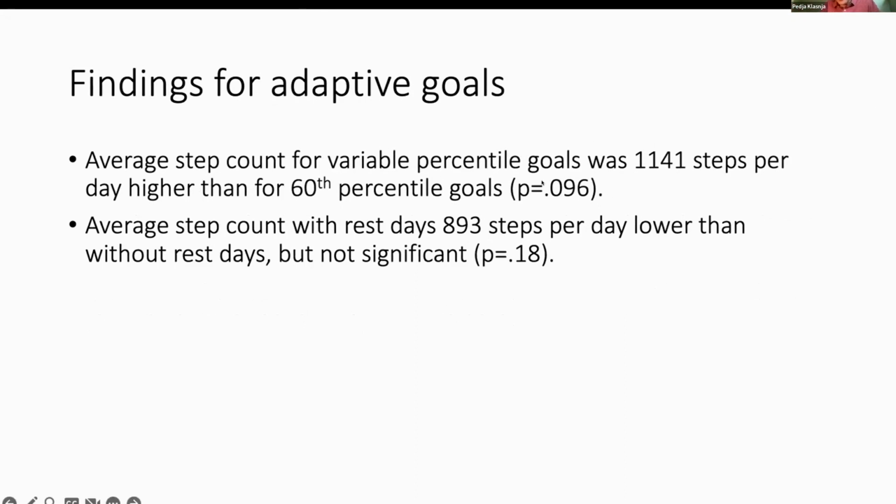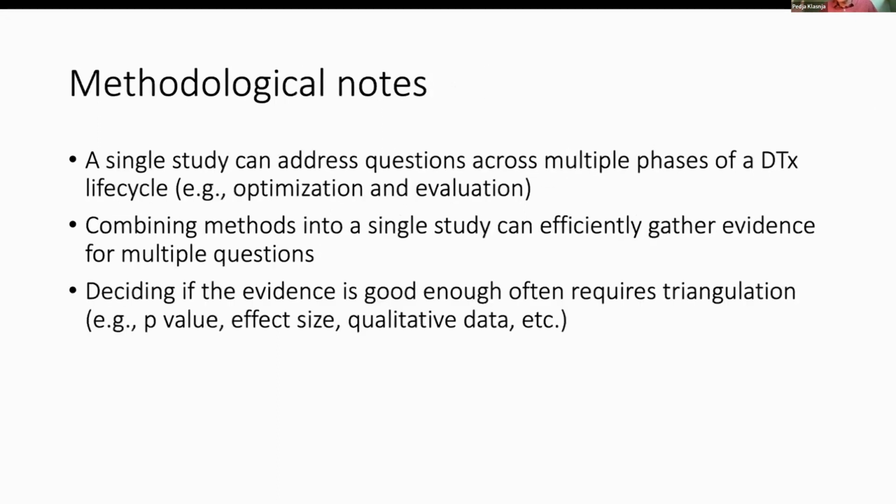But what we get from interviews is that people really like variable goals. They never knew what to expect. Some days they would get an ambitious goal and they would try hard to get it. Other times they felt like they were getting a goal that gave them a break. And so that was a really nice additional source of evidence that matches what Eric found in his study, that the variability seems to be quite valuable in terms of engagement in its own right.